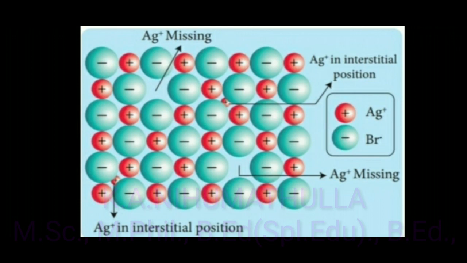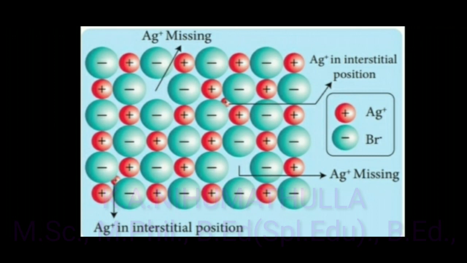In our example, AgBr, silver bromide, the small Ag plus ion leaves its normal site. When you see this image from the top, in the second row, an Ag plus ion is missing, but that Ag plus ion occupies the interstitial position between the second and third row.